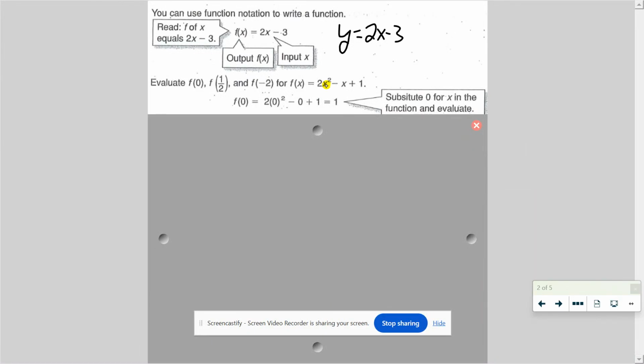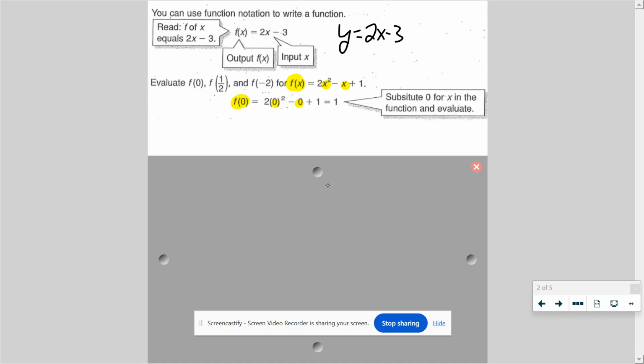Everywhere in this function you see an x, you're going to replace it with 0. You'll notice that within f of x, we now have f of 0. We're not doing f times 0. We're saying the function at the value of 0.